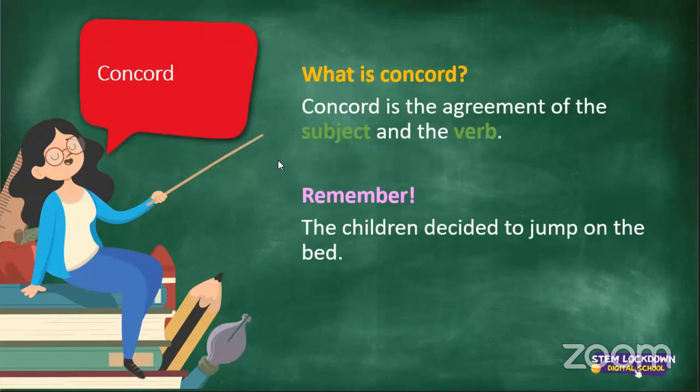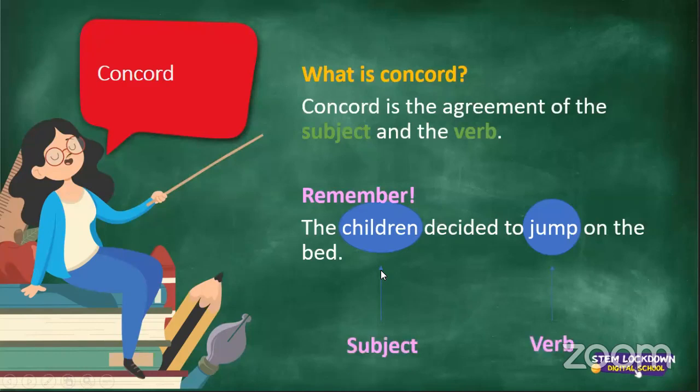Right, so here's an example. The children decided to jump on the bed. In this sentence, we have both a subject and a verb, right? So our subject in this instance is the children, and our verb is the word jump.